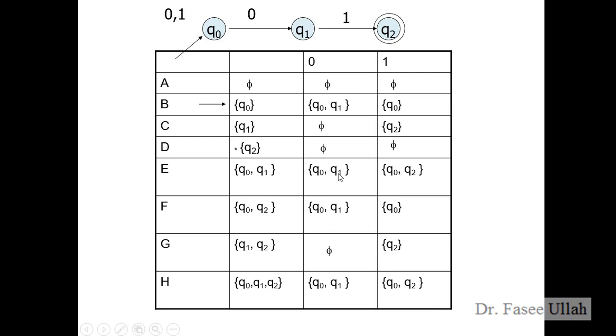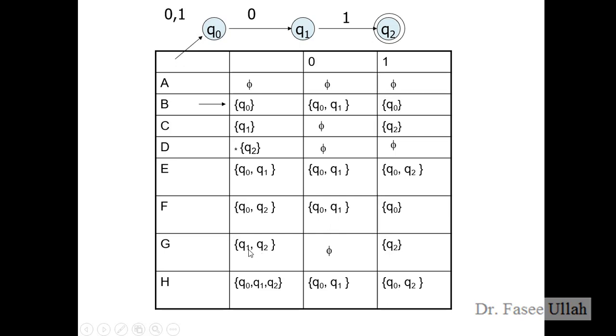Q0 and Q1 do the 0 transition, right? Then we have Q0 and Q2, so 1. Then Q0 and Q2 doesn't do anything. Q0 and Q1 come to here, 1, 0, Q0, so it's 1, a loop over here, right?